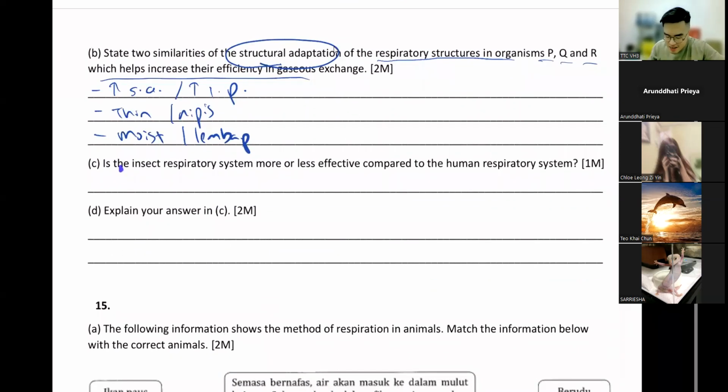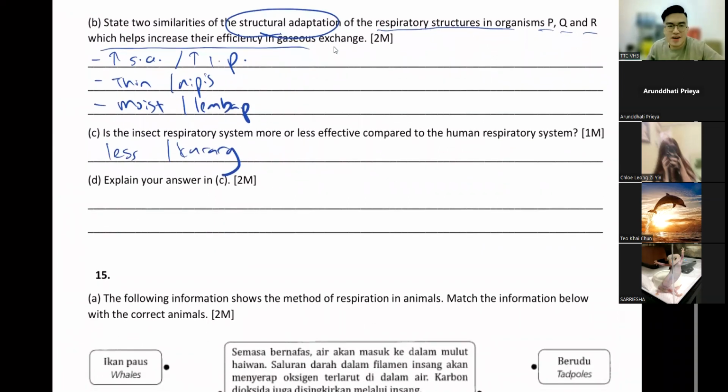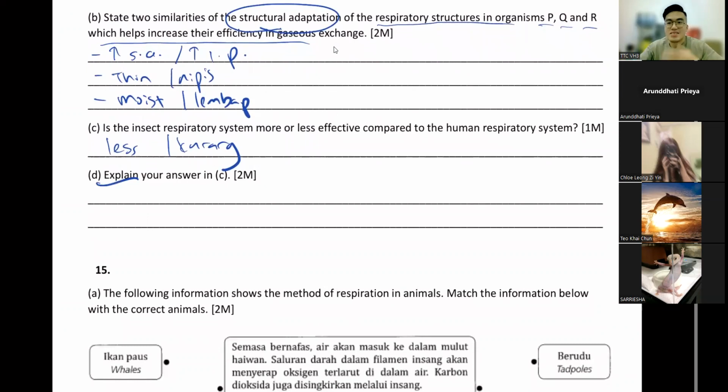So C, is the insect respiratory system more or less effective compared to human? Compare yourself to a grasshopper. Who has a better system? Okay, we have a better system, right? So this is less effective, kurang effective. Explain.